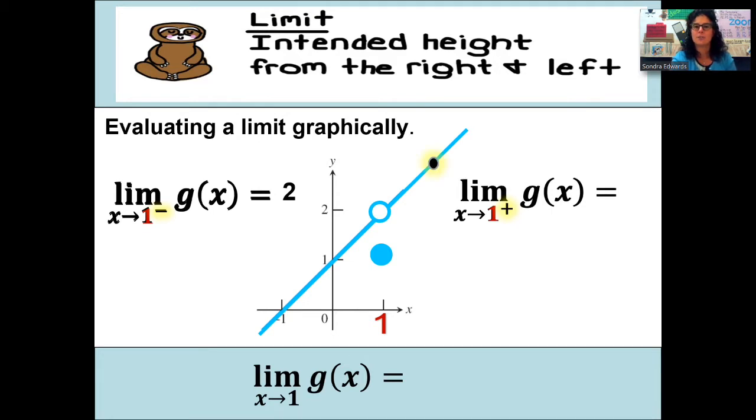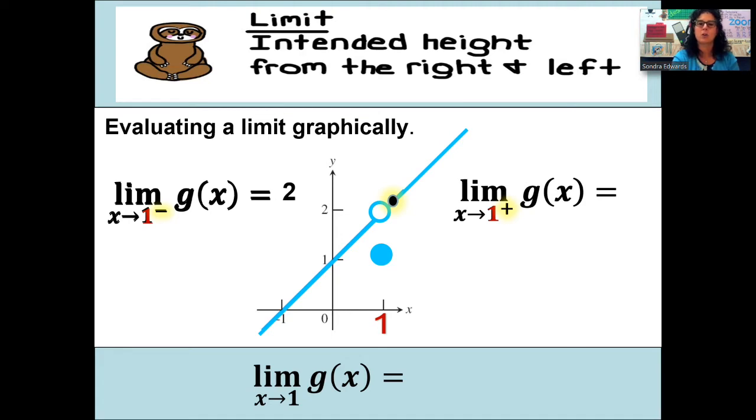If I were to substitute an x value of, say, 2, which is kind of close to 1 from the right, I would get out a height of maybe 3. If I substitute in, say, 1.5, I would get out a height of maybe 2.5. And then if I substitute a number even closer to 1 from the right, let's say 1.1, I would get out a height of about 2.1.